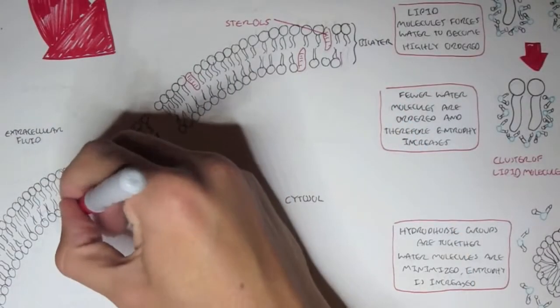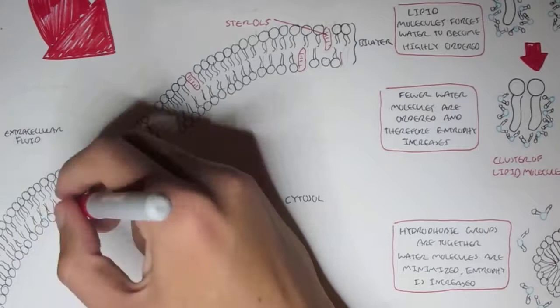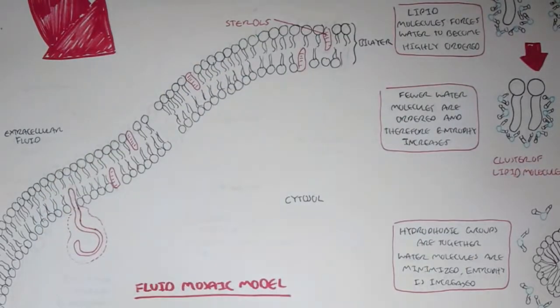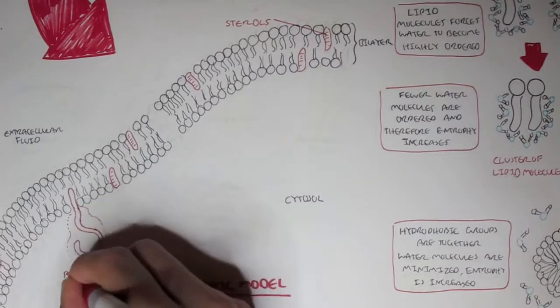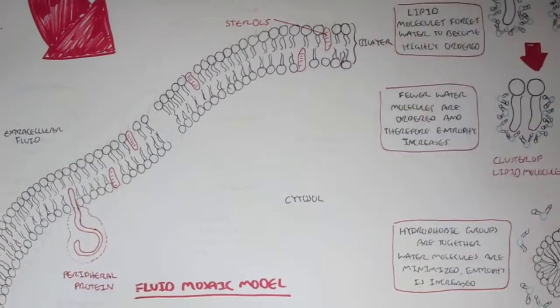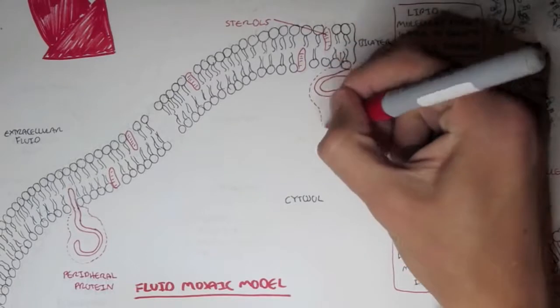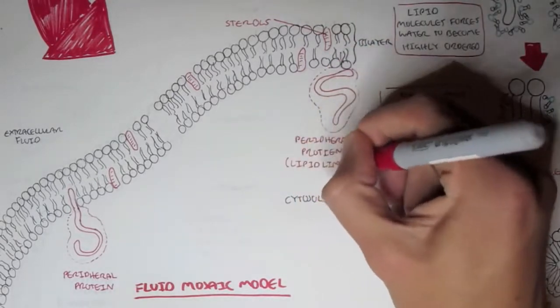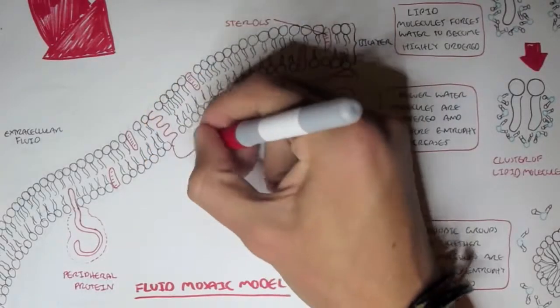An important component of the membrane also are the proteins, such as the peripheral protein, this structure here, which faces into the cytosol. And there's also another peripheral protein, but this one is lipid linked. As you can see, it's connected with the lipid.